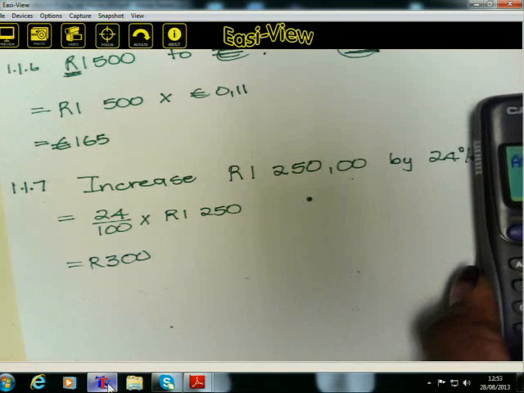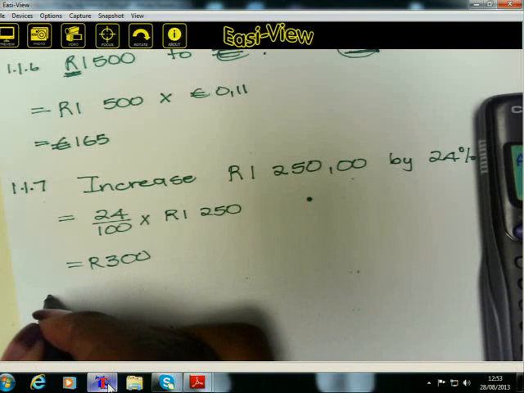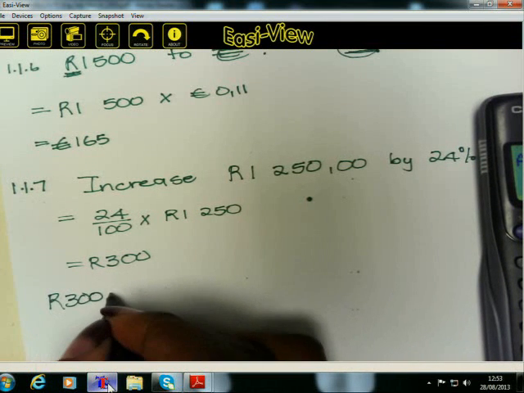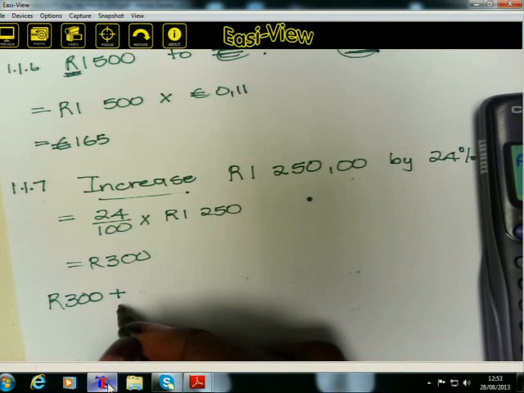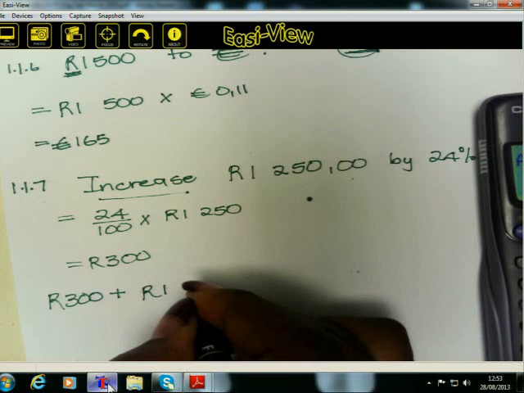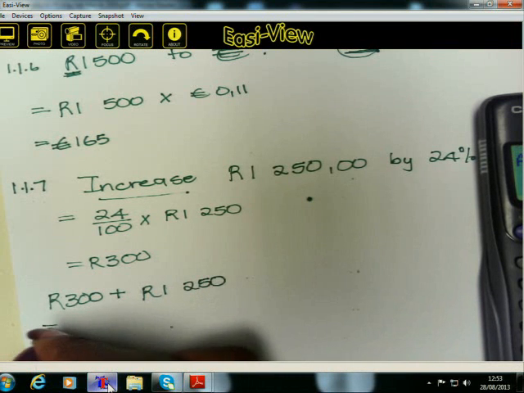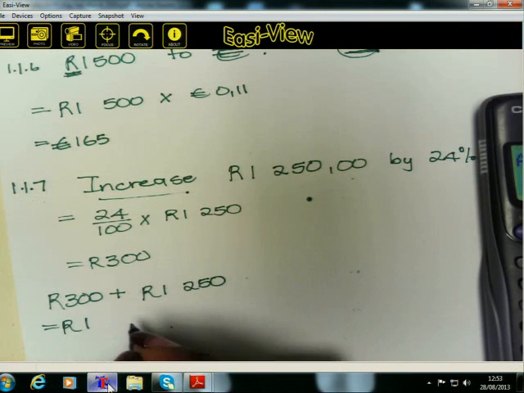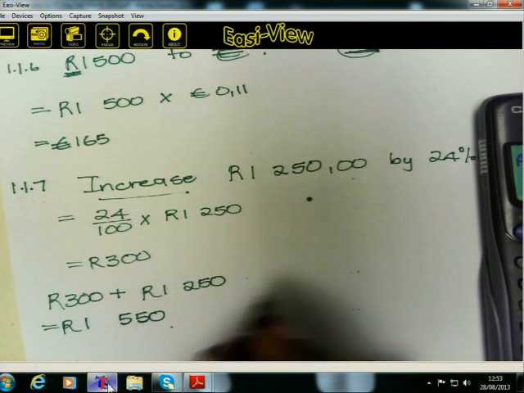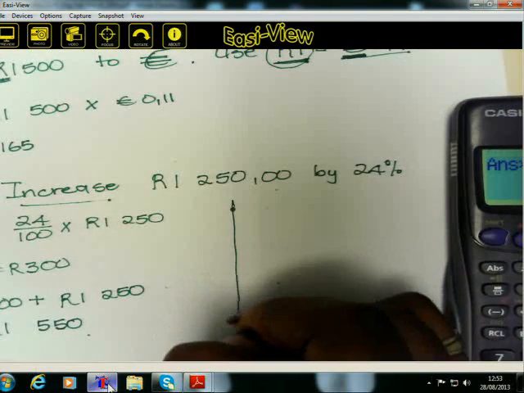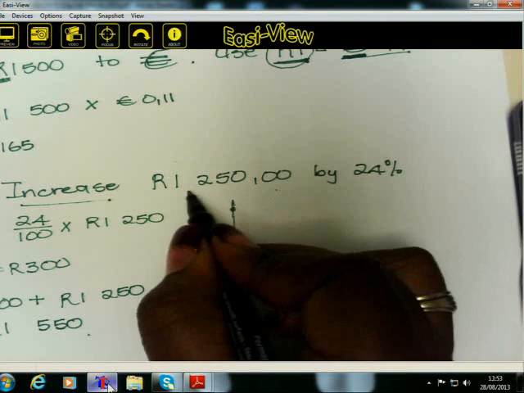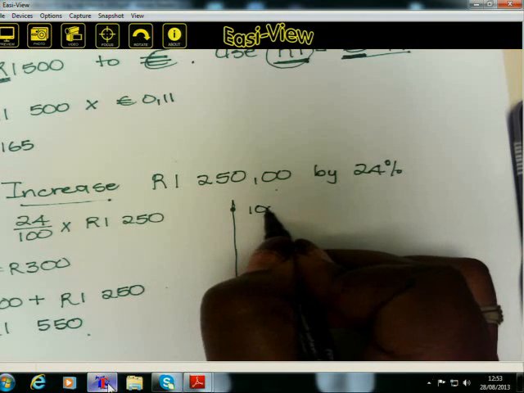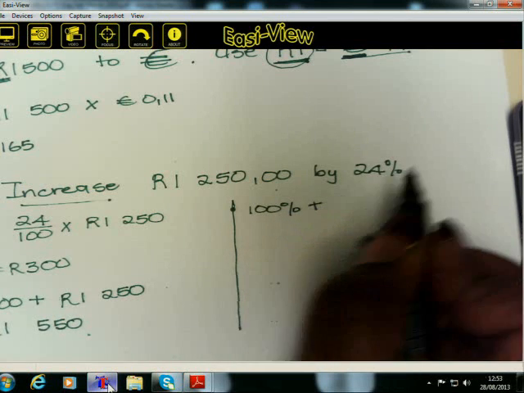We can then take this 300 rands and add it to 1,250, because we were told to increase, and increase means we must add. That will give us 1,550.